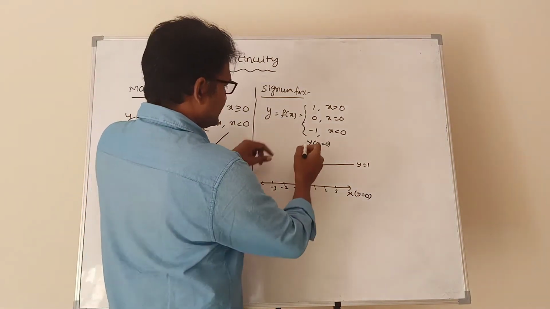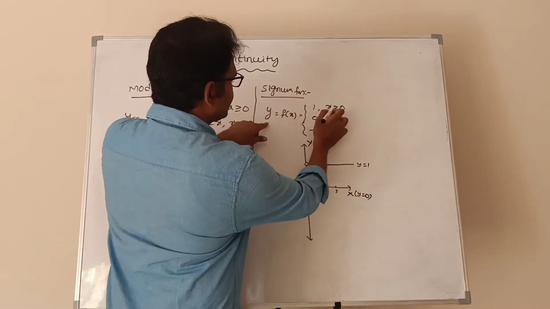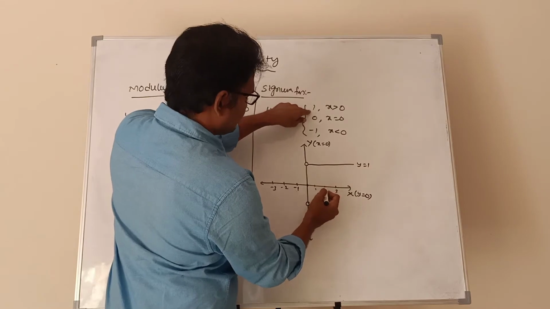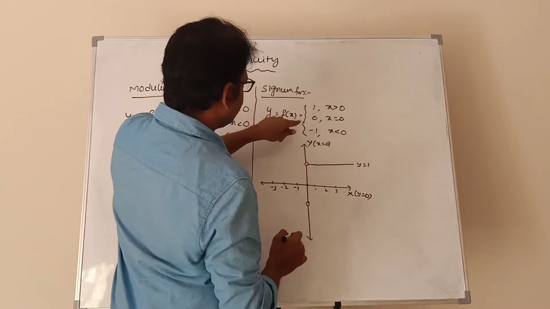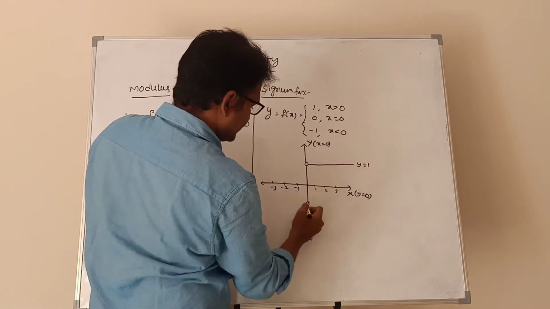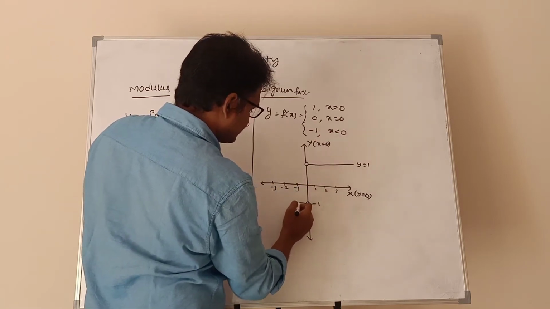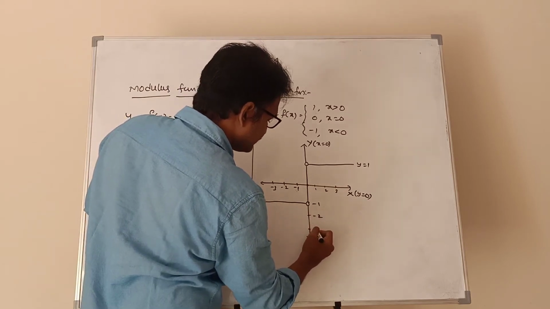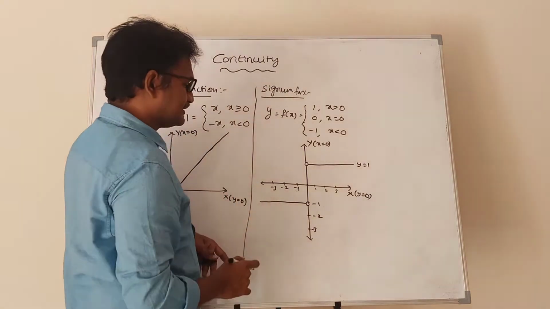If you observe this, for x greater than 0, that means the right side, the y value is how much? 1. The y value is 1. Next, for x less than 0, the y value is -1.